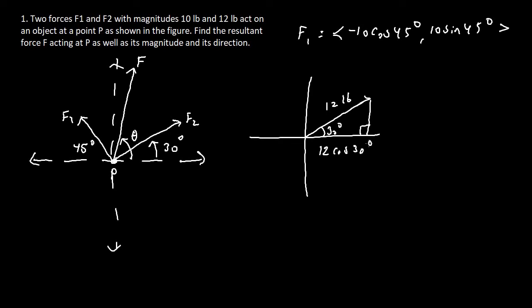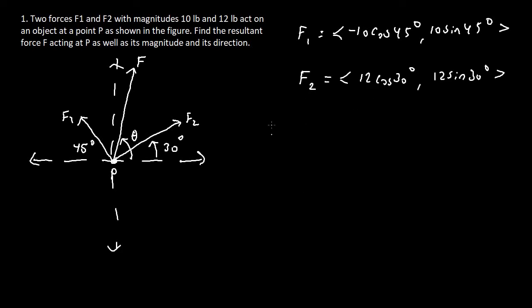And since it's the positive x-axis, we just keep it positive, we don't need to change it to negative. And the y component is the magnitude times sine of the angle, 30 degrees. So force 2 in component form, we're going to write it as the x component, which is 12 cosine 30 degrees, comma, the y component, 12 sine of 30 degrees.